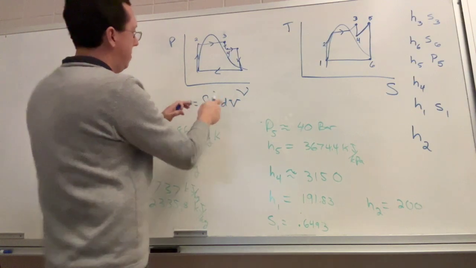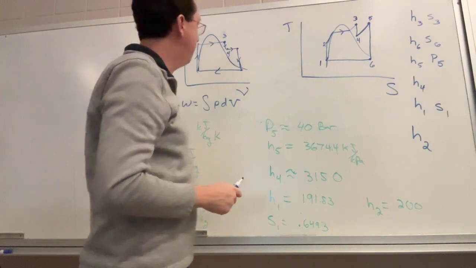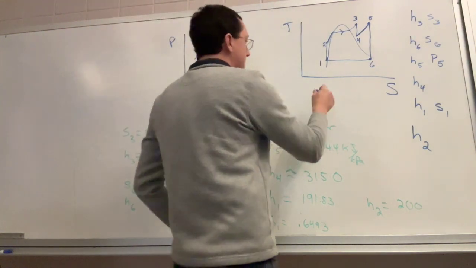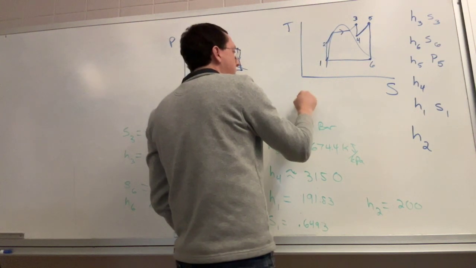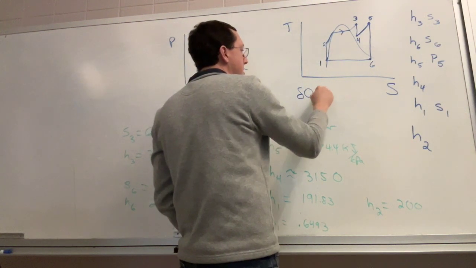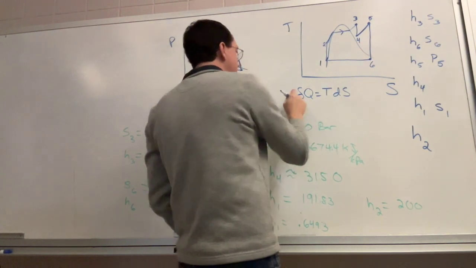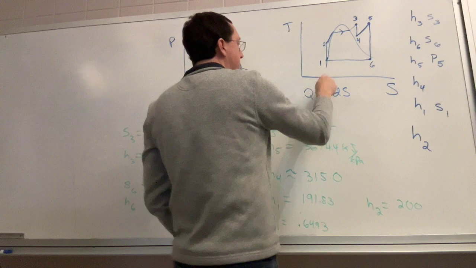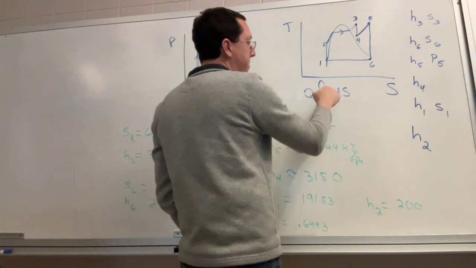So that integral would compute an area inside that phase diagram. Similarly, we saw that a little bit of heat was equal to T dS, which means that if you integrate that around the cycle, the heat of the cycle is the integral of T dS.